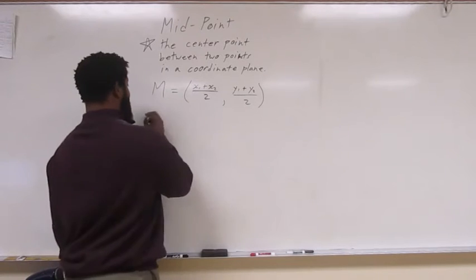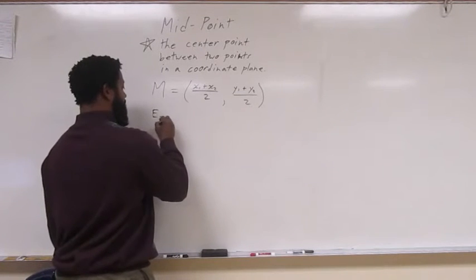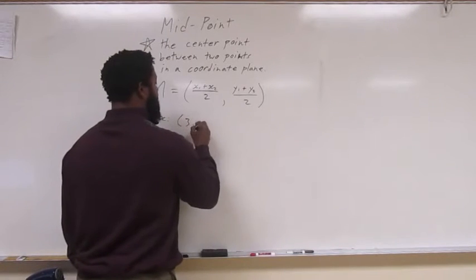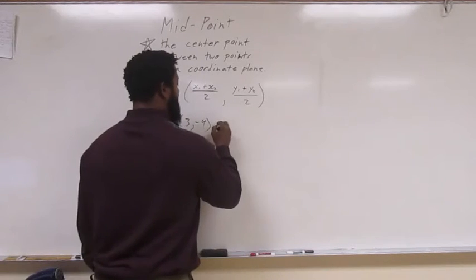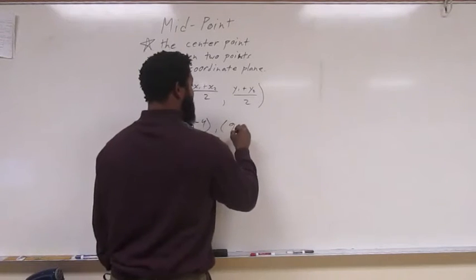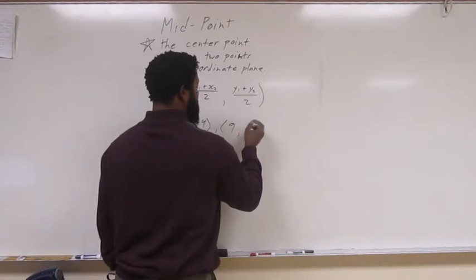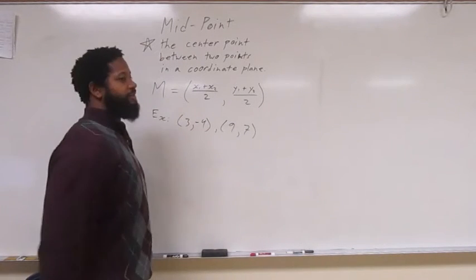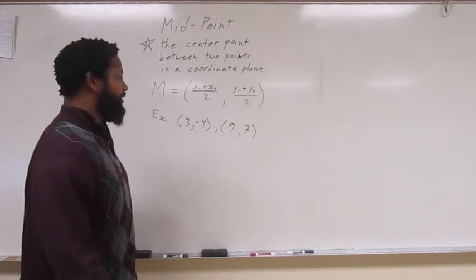Example. You might have 3, -4, and you might have 9, 5, 7. I'm just making this up, right?